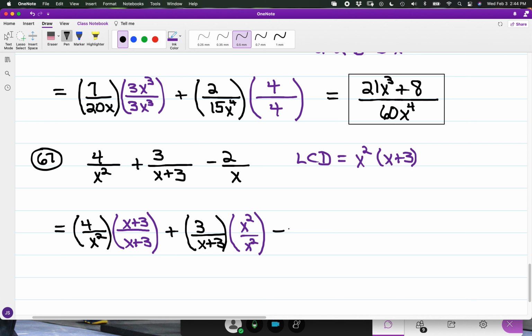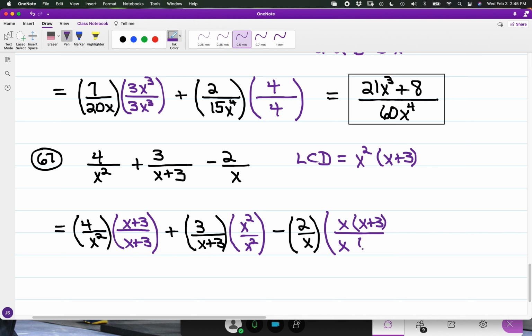Now for the last fraction, this is perhaps the trickiest of the bunch. We have x, and I don't have all of x squared, and I definitely don't have x plus 3. You can think of it like diluting to some extent, x going to x squared, x times. And you also have x plus 3 left over.